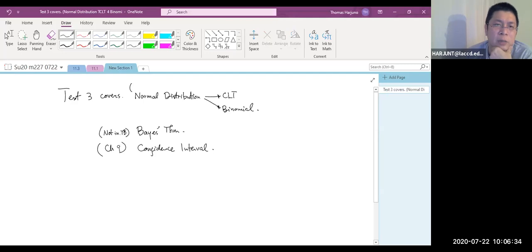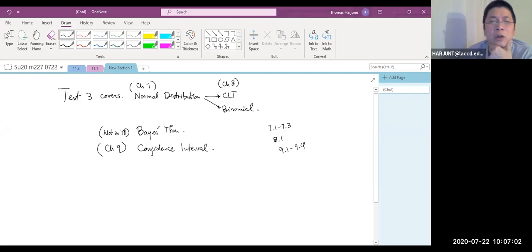Yeah, that's chapter 9, my bad. Normal distribution is chapter 7, and central limit theorem is chapter 8. But you know that in chapter 7 we only learn 7.1 to 7.3, and then 8.1 only, and then 9.1 to 9.4, right? Okay.